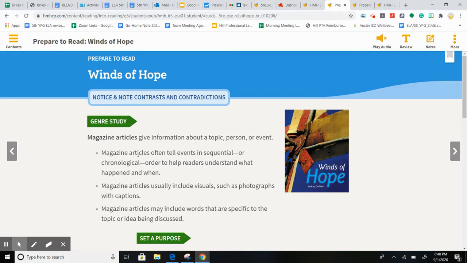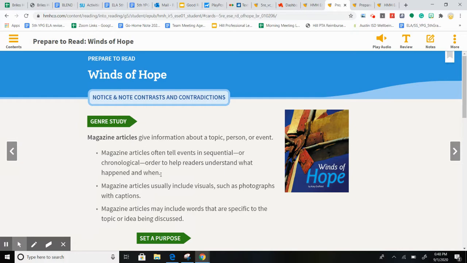But if you're a magazine article that is informational, as most informational texts do, they either tell their events in a sequence, first, second, third, fourth, or they tell them in chronological order. Early in the day, this happened. Then later, this happened. Finally, this happened. Chrono means time, so chronological is in time order.